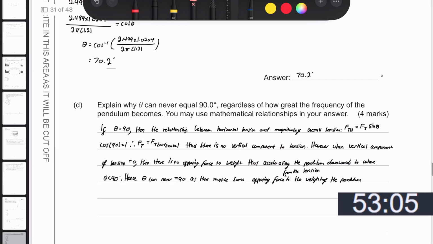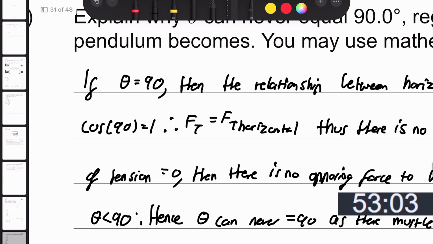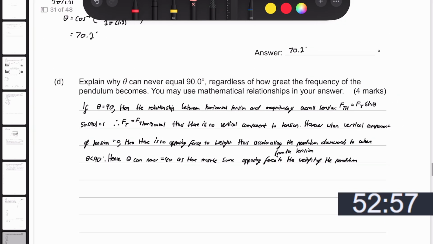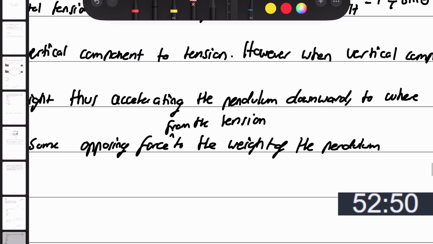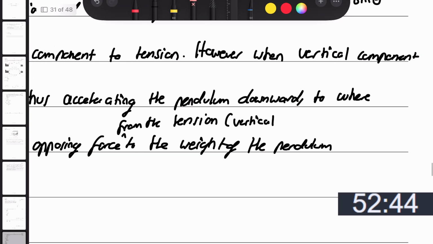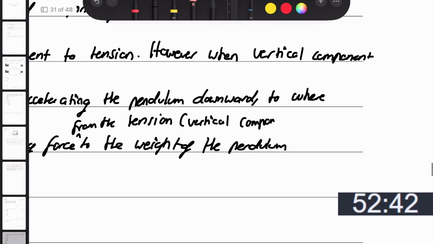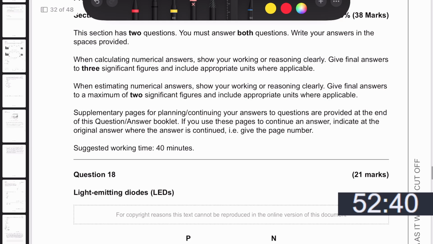Yeah, I think that's good. Sine of theta. Cosine of 90 is not, it should be sine of 90. Sine of 90 equals 1. Never equal. There must be some opposing force from the tension to the weight of the, I'll say here, vertical component. So weight of the pendulum.